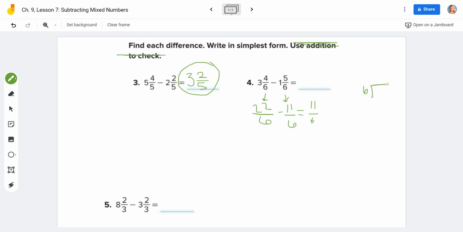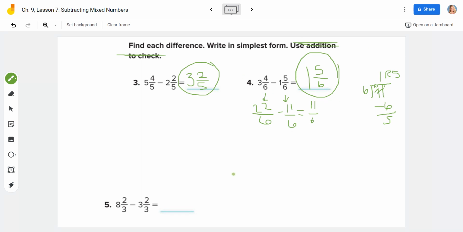Hopefully you said divide because that is correct. 6 will go into 11 one whole time, so that means 1's my whole number. 11 minus 6 is 5, so I get 1 remainder 5. So my remainder is my numerator over here, and my denominator stays the same. And I know 5/6 is in simplest form because they only share 1 as their common factor.